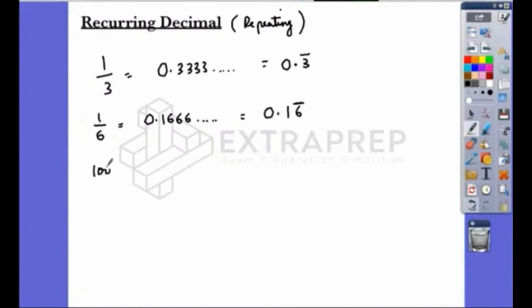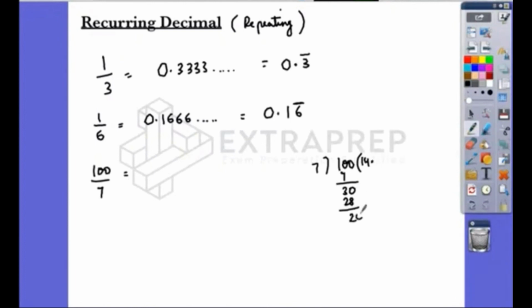Now if I ask you to find 100 by 7, I'm solving that here. 100 divided by 7. 1 goes 1 time, 3, 0, 4 times, 2.